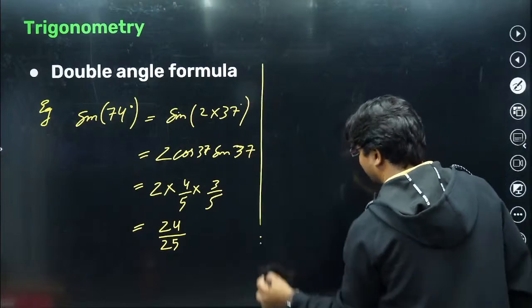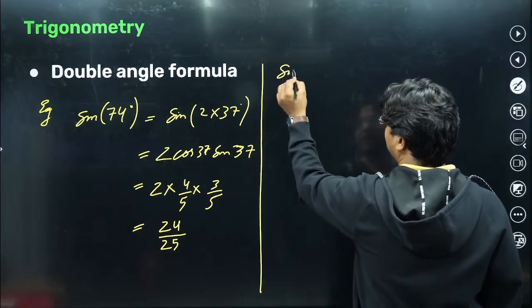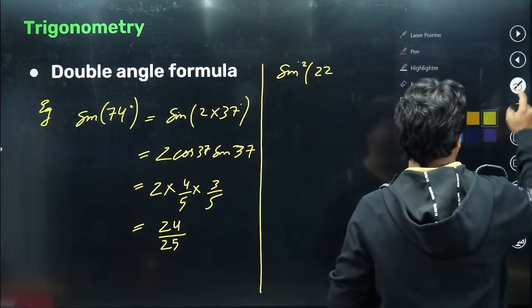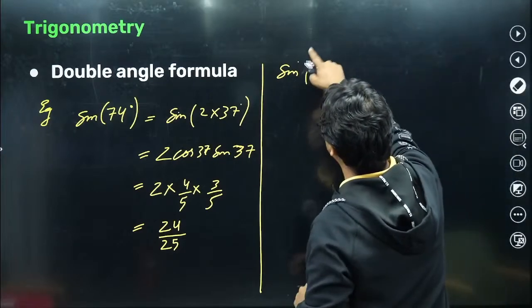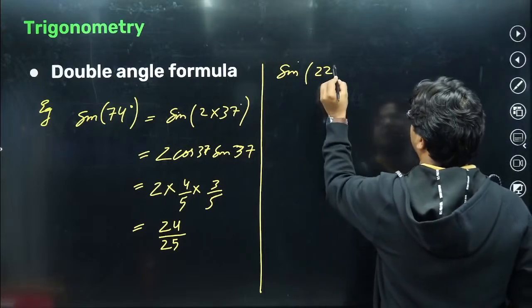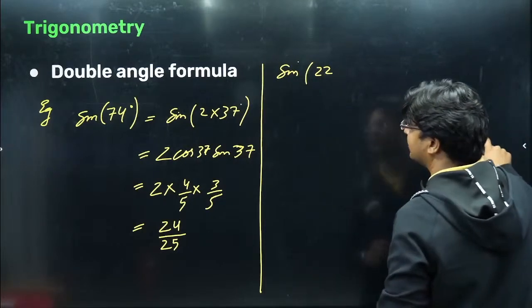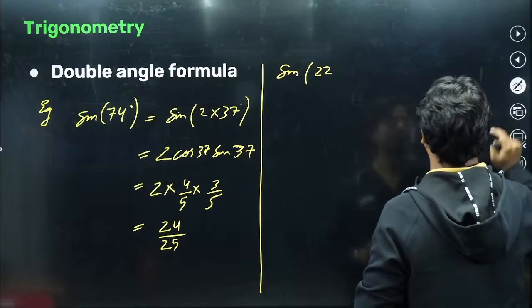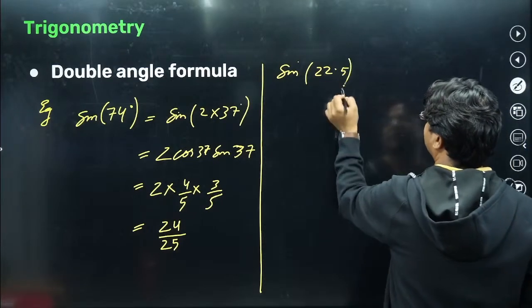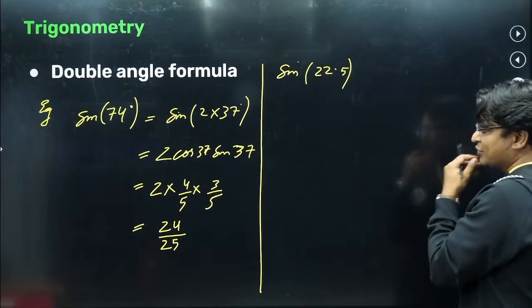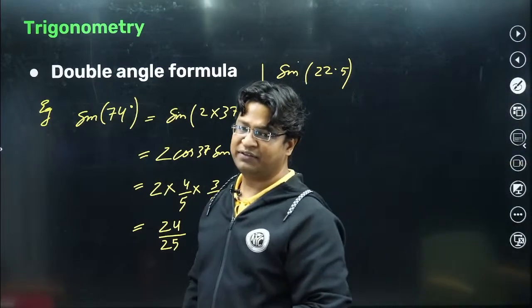The other way is, suppose I ask you the value of sine 22.5. Now, how to do this? 22.5 is half of 45 degree.